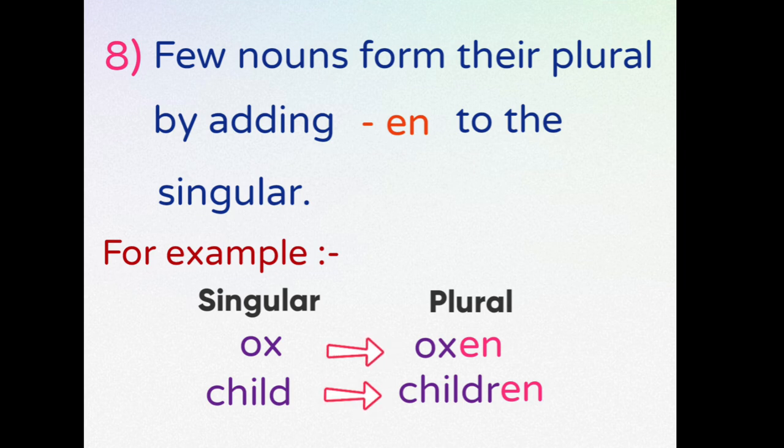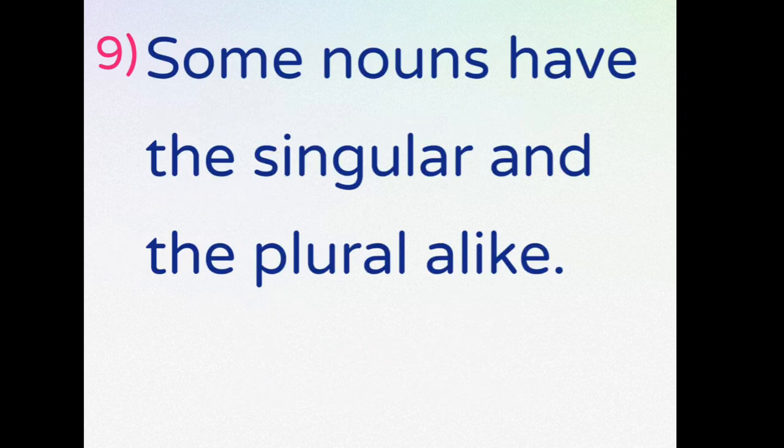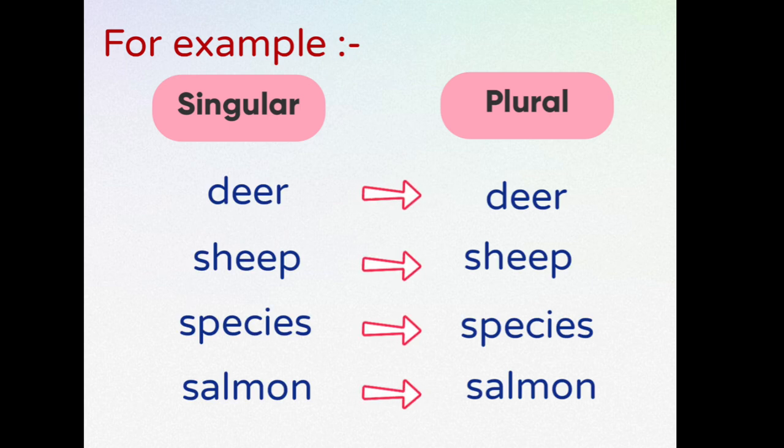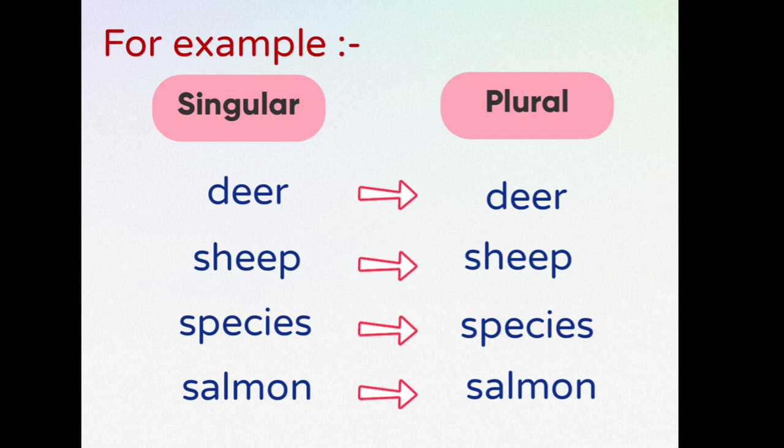So sometimes it happens that another letter is also added with en. The ninth rule is that some nouns have the singular and the plural alike. They are the same. Let's have a look at these nouns. For example, deer in singular will be the same as deer in its plural form.